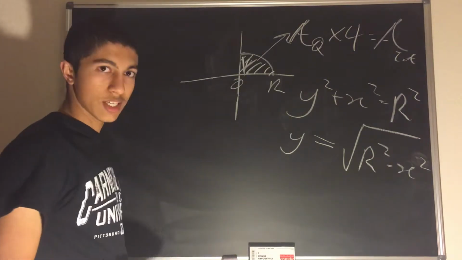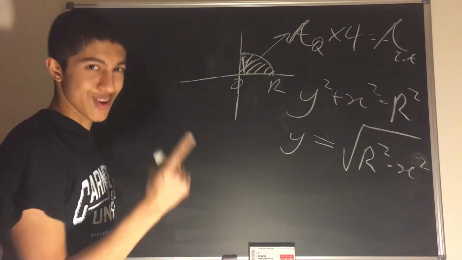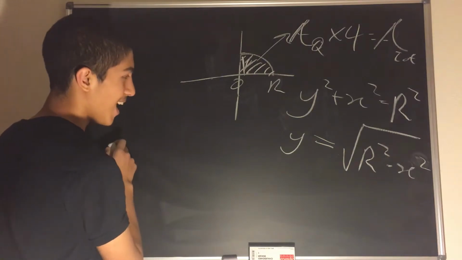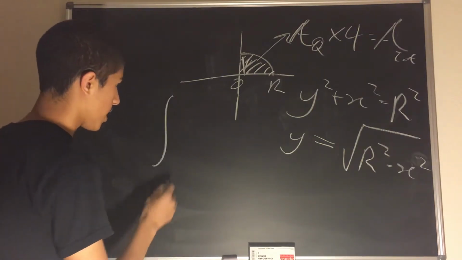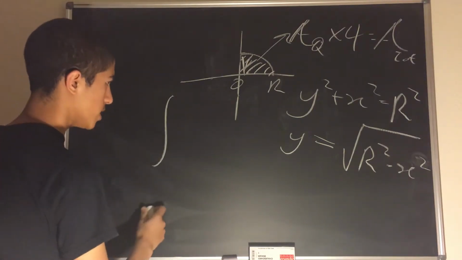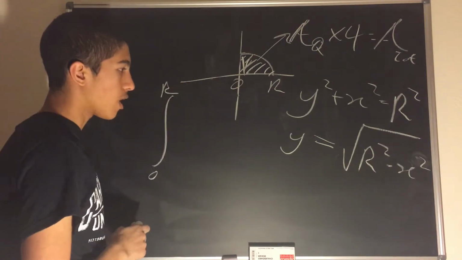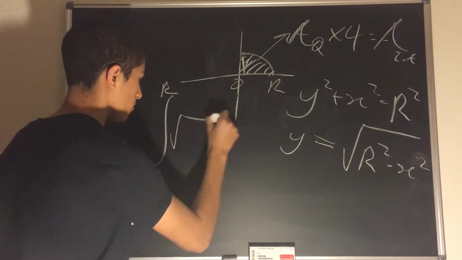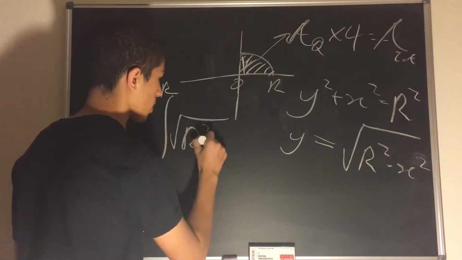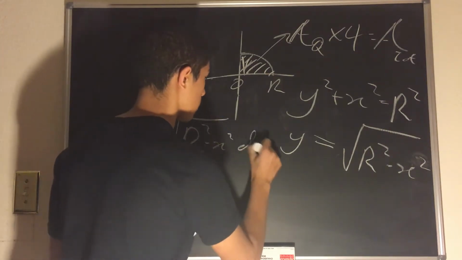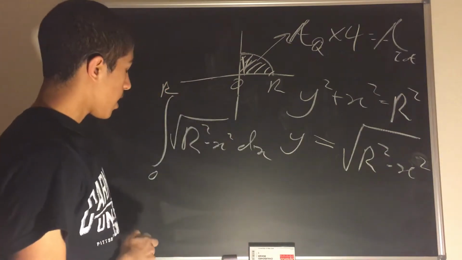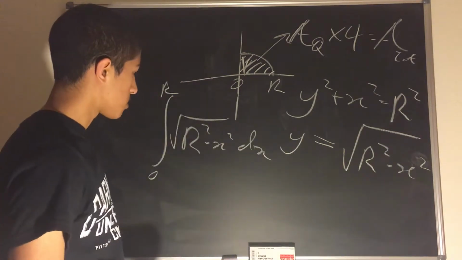Well, that's easy because all we must do is integrate it. Not so easy, but let's integrate it. So we have the area of a quadrant is equal to the integral from 0 to r of the function root r squared minus x squared dx. And well, now we can do some interesting things.